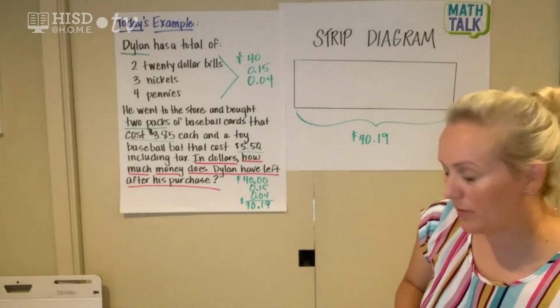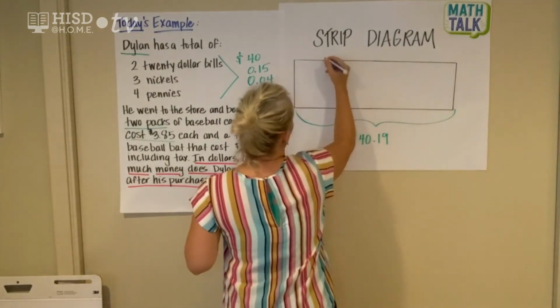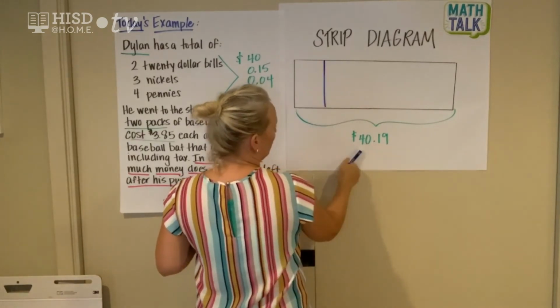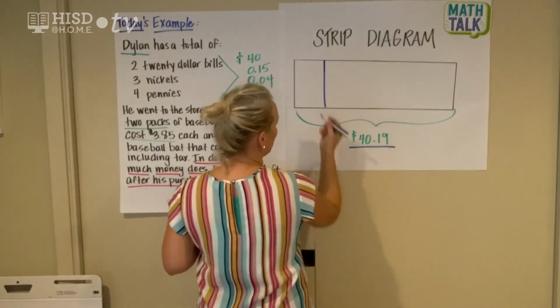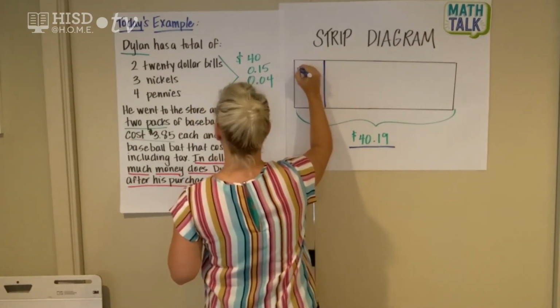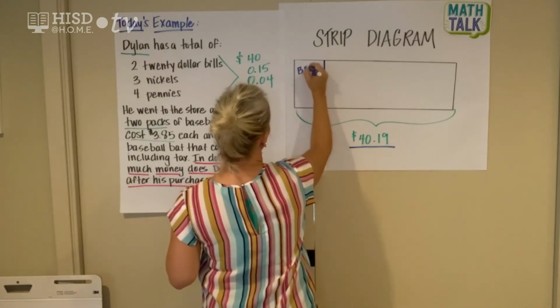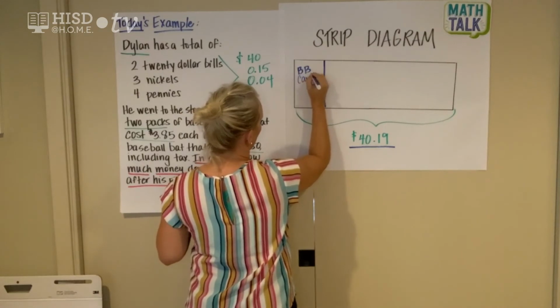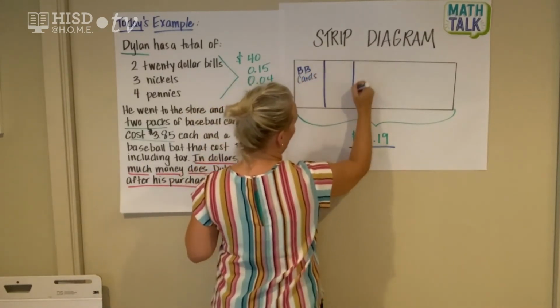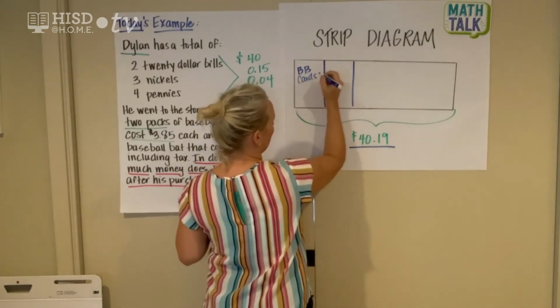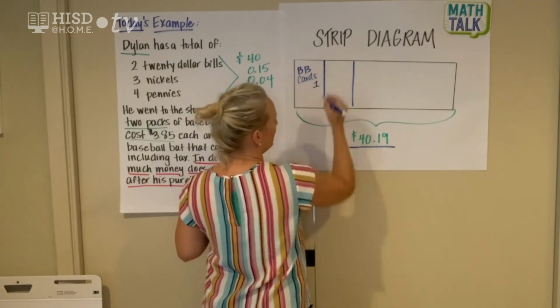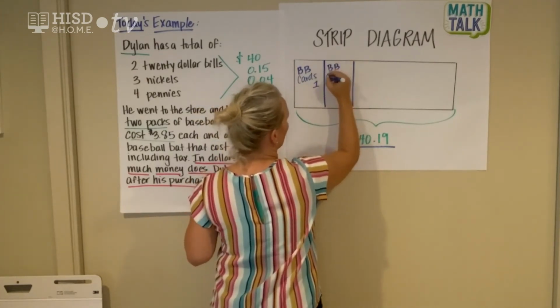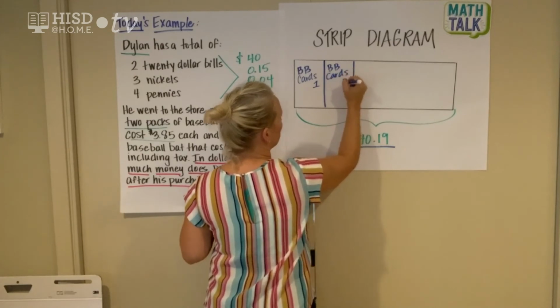So let's divide up our strip diagram. I know the total is what he has. So he bought a baseball, we call this, I'll put BB cards. And the second pack, so let's put baseball cards 1, baseball cards 2.